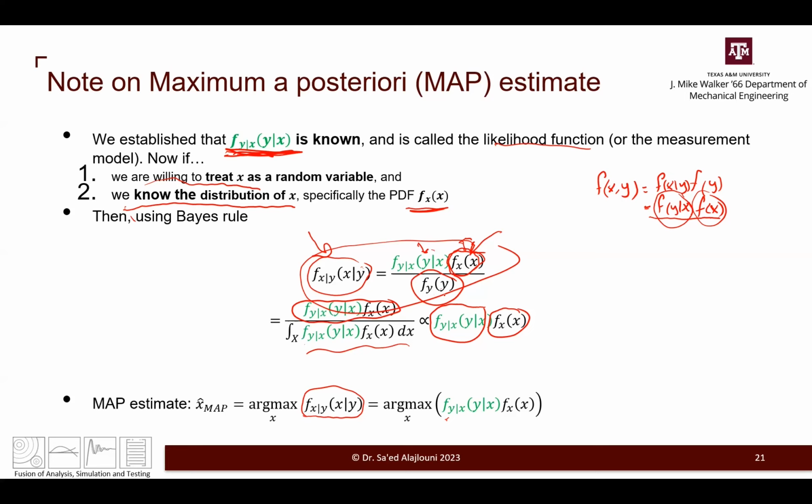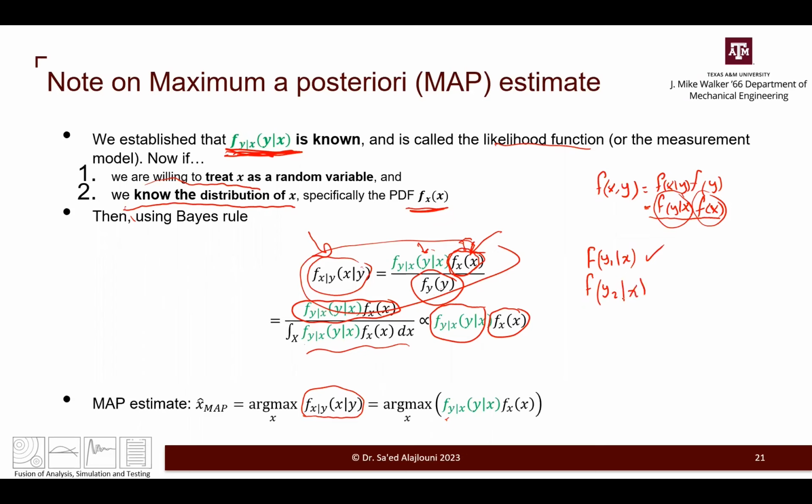Let's talk about the likelihood. This is the first radar measurement model given the speed of the car, and this is the measurement model that I already know from the first radar. And the second radar is giving me y2, another measurement given the same speed x of the car.